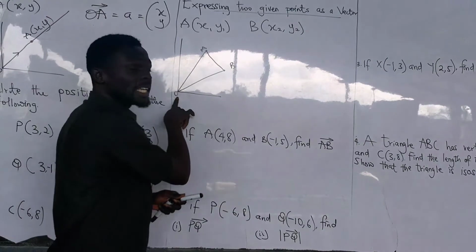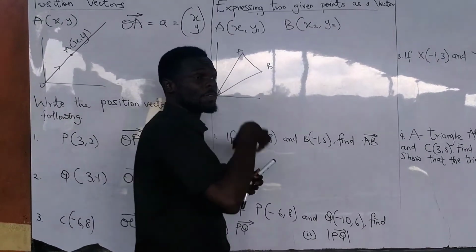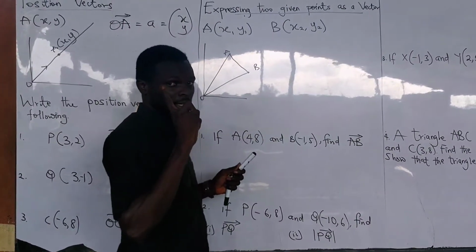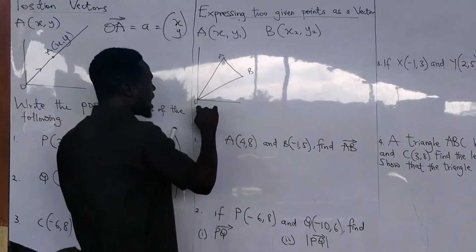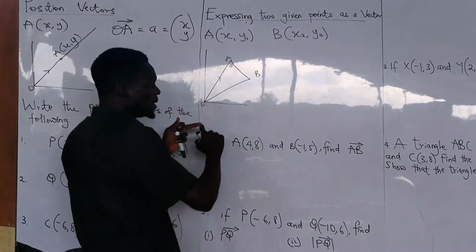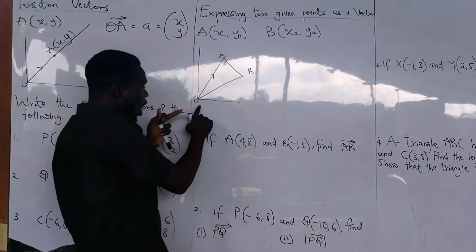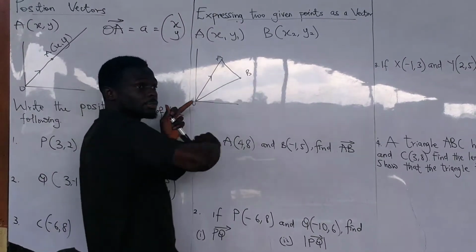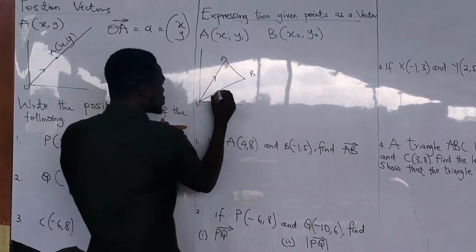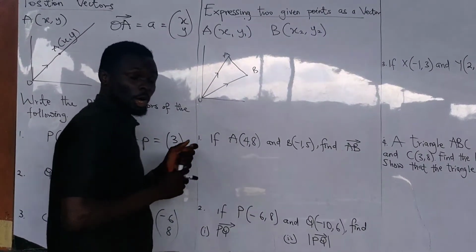The origin is the referred point of every point. So here we are going from O to A. We indicate this with an arrow. Also, we are going from O to B.